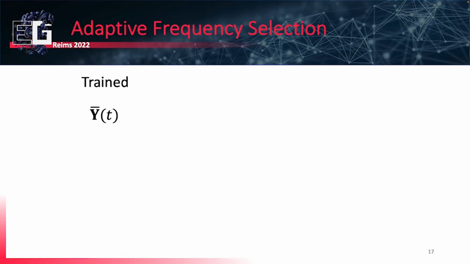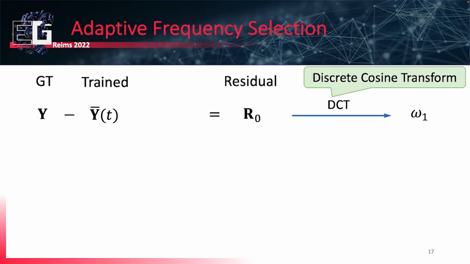Once the first training with our trigonometric features is completed, we compute the difference from the ground truth to obtain the training residual. We then perform DCT, discrete cosine transform, of the residual to find its dominant frequency omega 1.